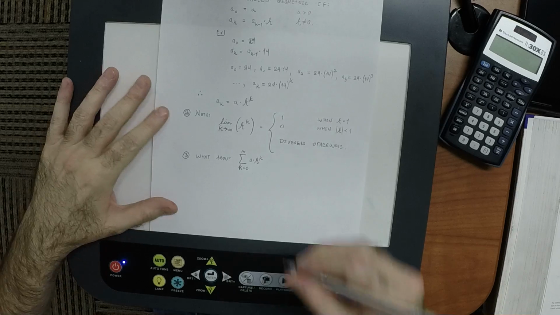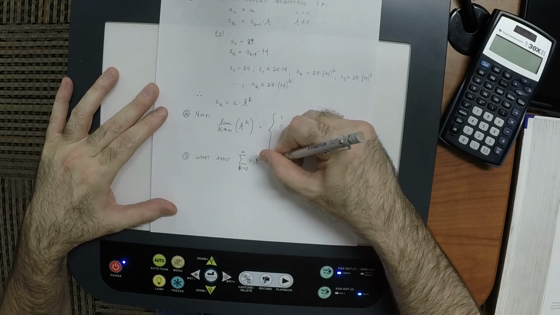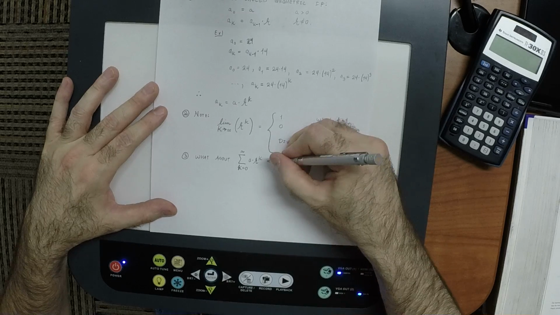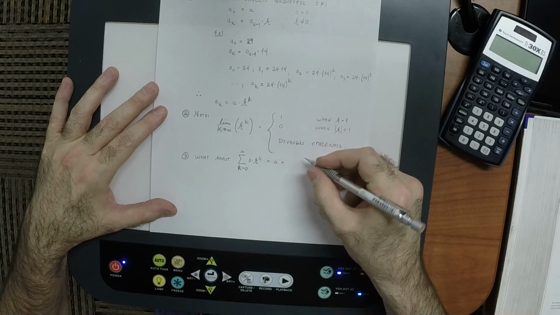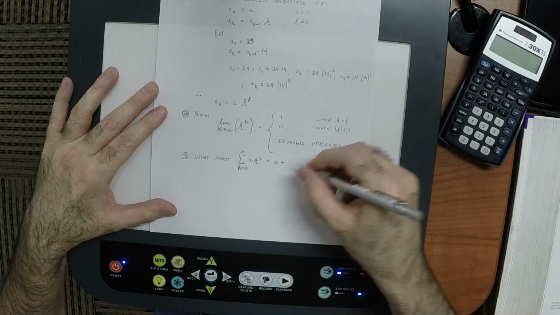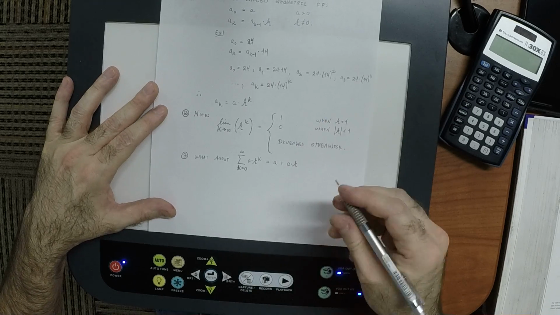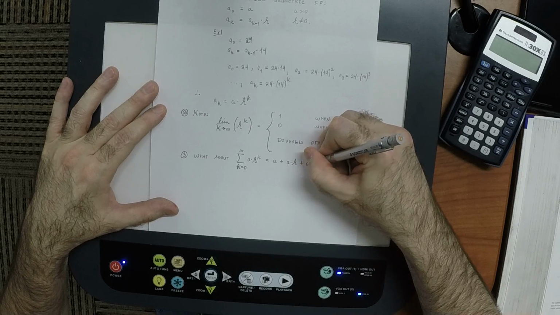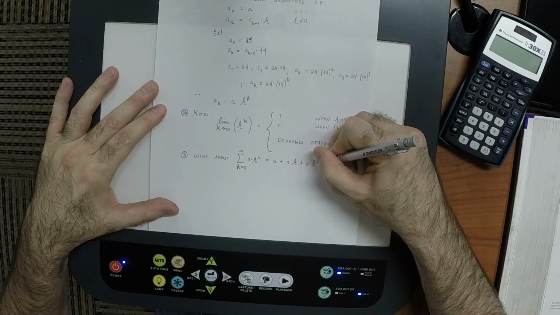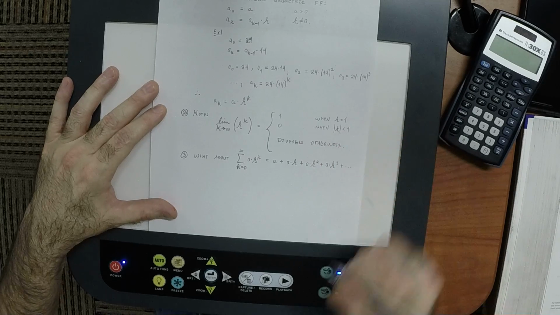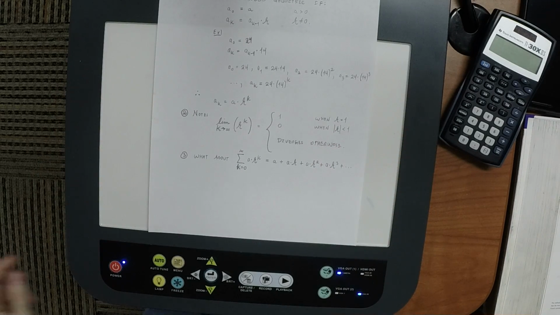Which is to say, what's the first term in that sequence? It'd be a, and then what's the next one? ar, right? Because you always get the next one by multiplying by r. So that'd be plus ar squared plus ar cubed plus dot dot dot.